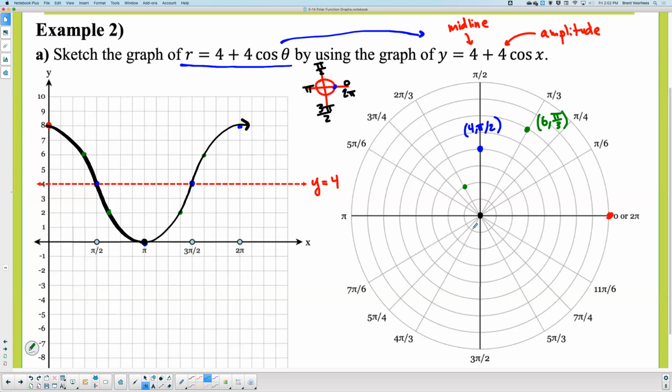I would place that point right there. At 3 pi over 2, how many radiuses out am I going to be? 4. At 3 pi over 2, I go 4 radiuses out, and I'm going to place that point right there.